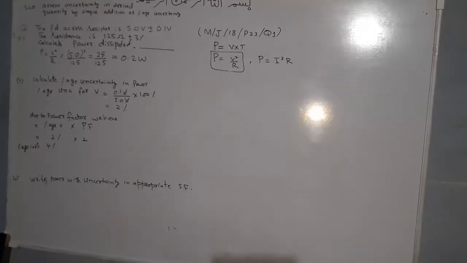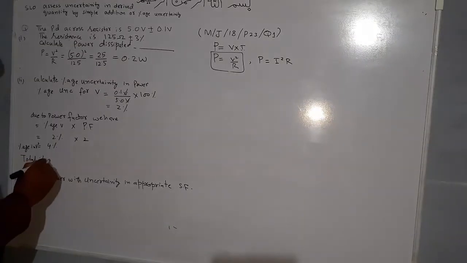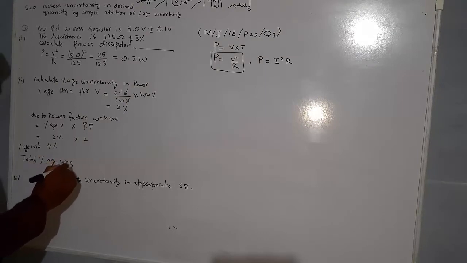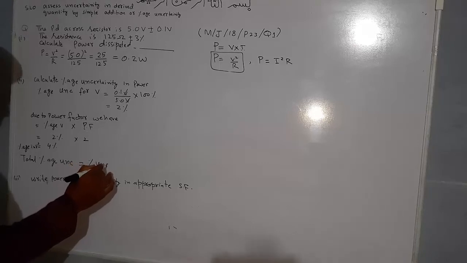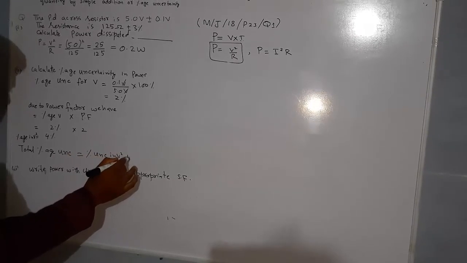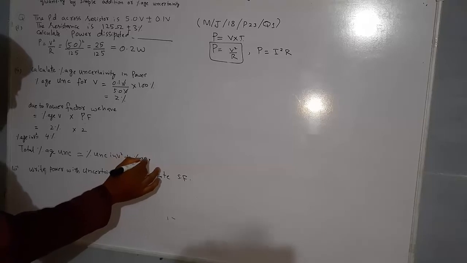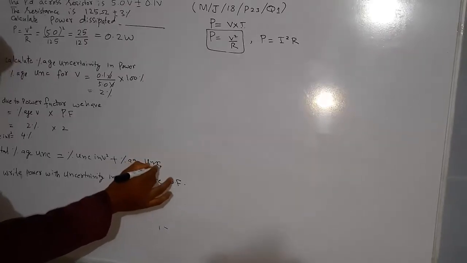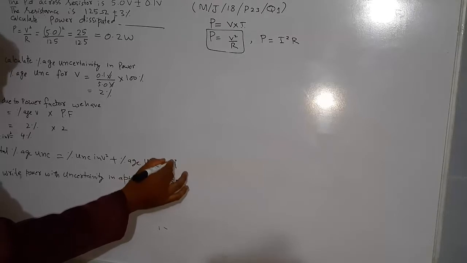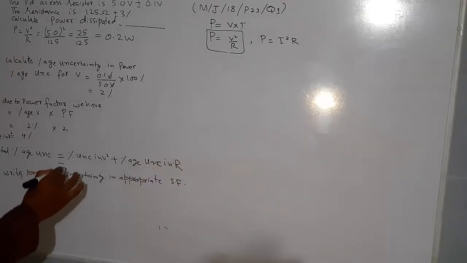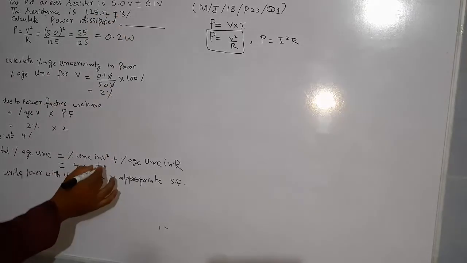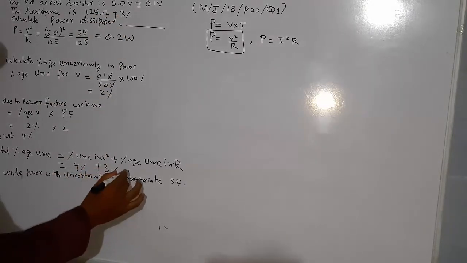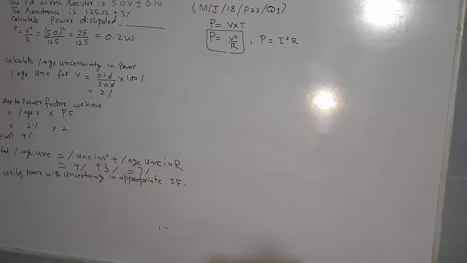So what we will do: the total percentage uncertainty will be the percentage uncertainty in V square plus the percentage uncertainty in resistance, okay, that will be 4% plus 3%, that makes 7% overall.